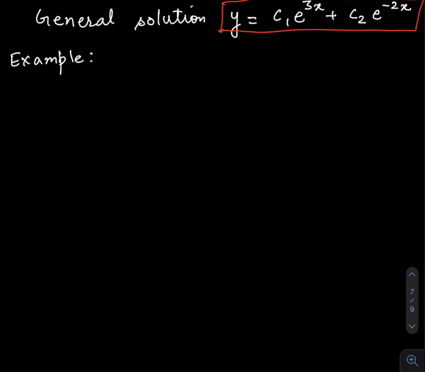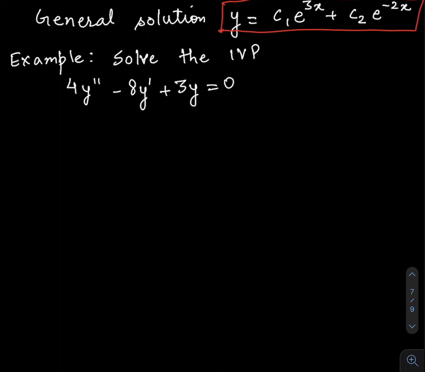So for the next example, let's take an initial value problem. Solve the IVP: 4y double prime minus 8y prime plus 3y equal to 0, and y of 0 we want to be 2, and y prime of 0 we want to be half.